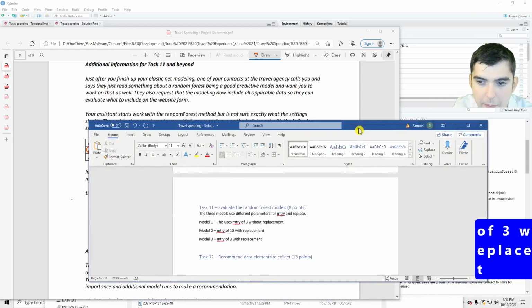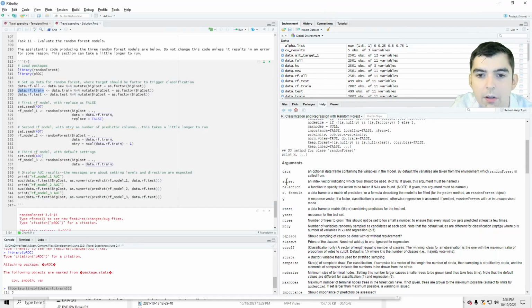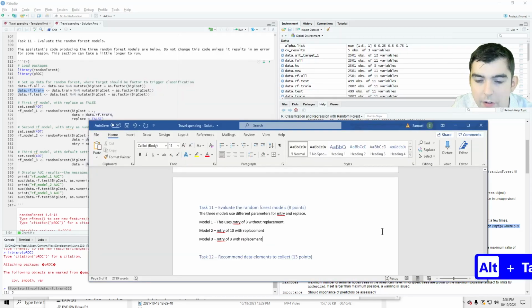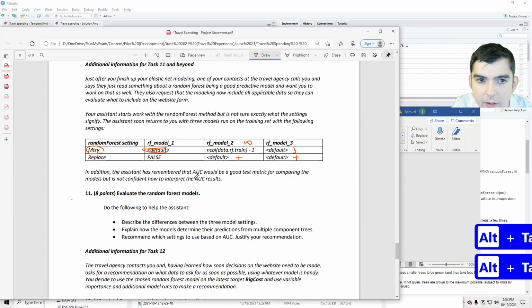We should describe what these things actually are. So mtry is the number of variables randomly sampled as candidates at each split. Note that the default values are different for classification and regression. And who's the audience in this question?